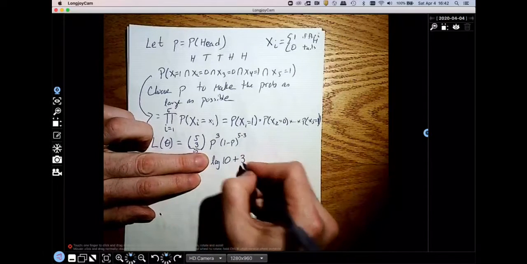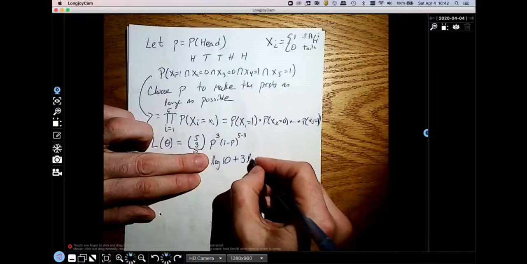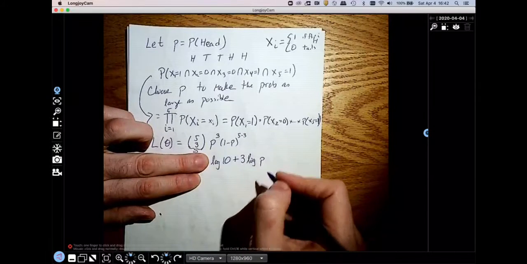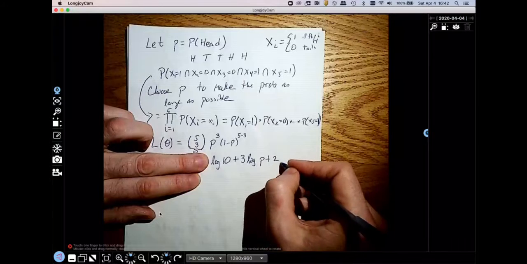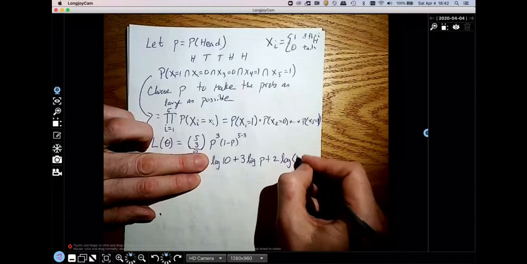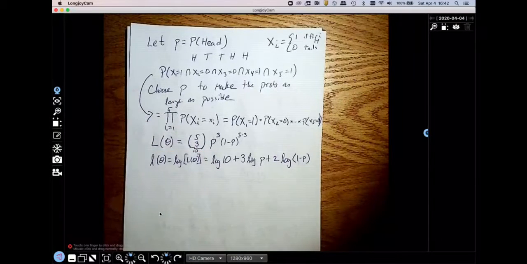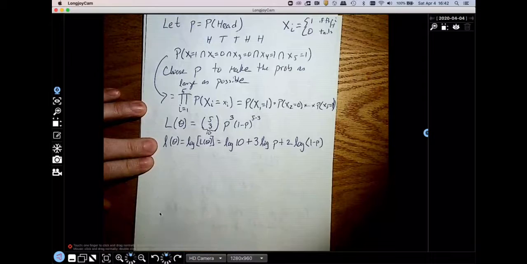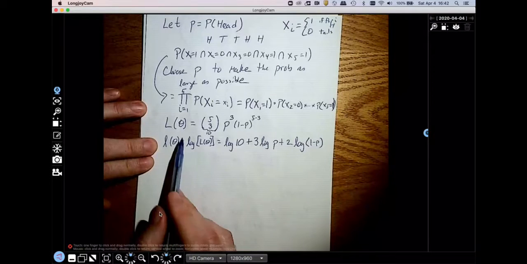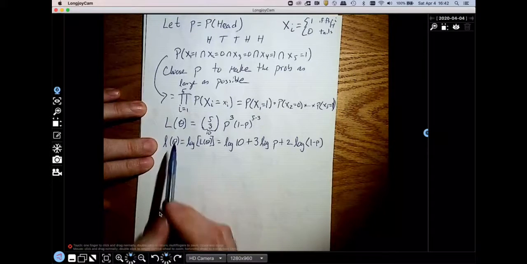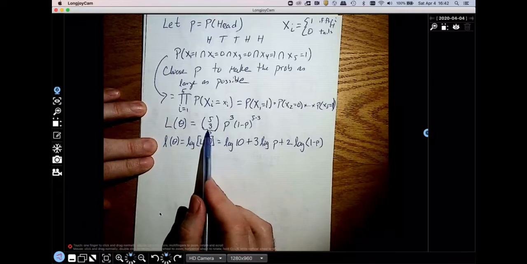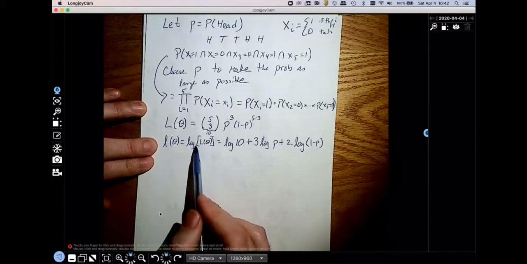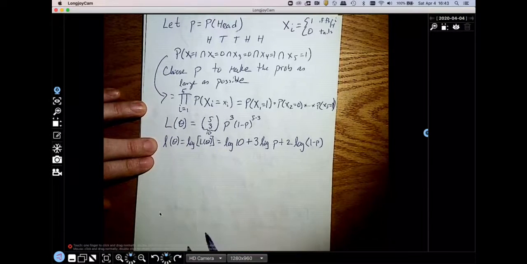So this is going to be 3 copies of the log of p, and then I have 2 copies of the log of 1 minus p. And so there's my log likelihood. So remember, the maximum likelihood expression is going to be find the value of p that makes this expression, or equivalently this expression, as large as possible. So let's go do that.